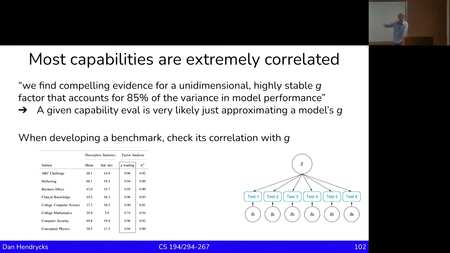But what happens is the general factor of intelligence in these models keeps improving, and that is often the most straightforward way to improve on various different tests. What this is to say is that these specific sub-skills generally don't matter that much. Most of what matters in predicting performance on various different tests is that general factor.